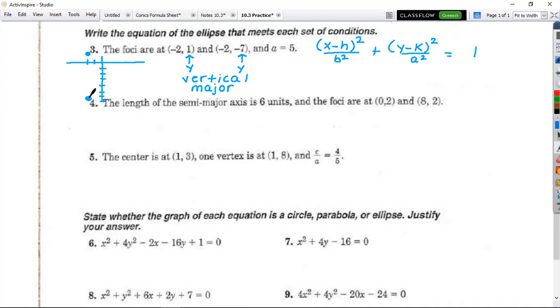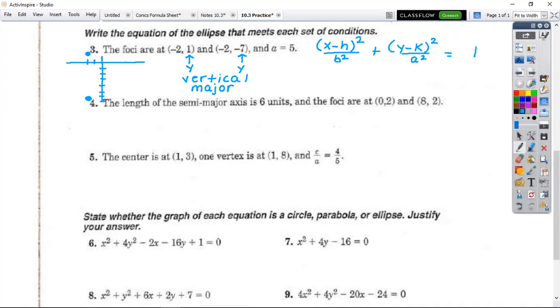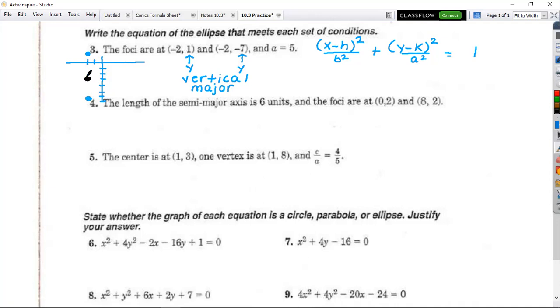What you're going to do is go exactly halfway in the middle and place your center. So here's my center. So I'm going to state that my center is located at -2, -3. I'm going to go put that in now.